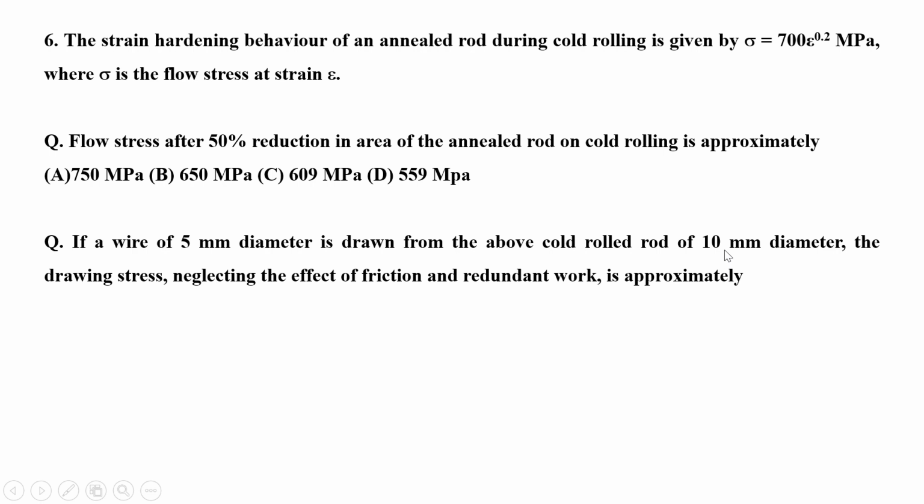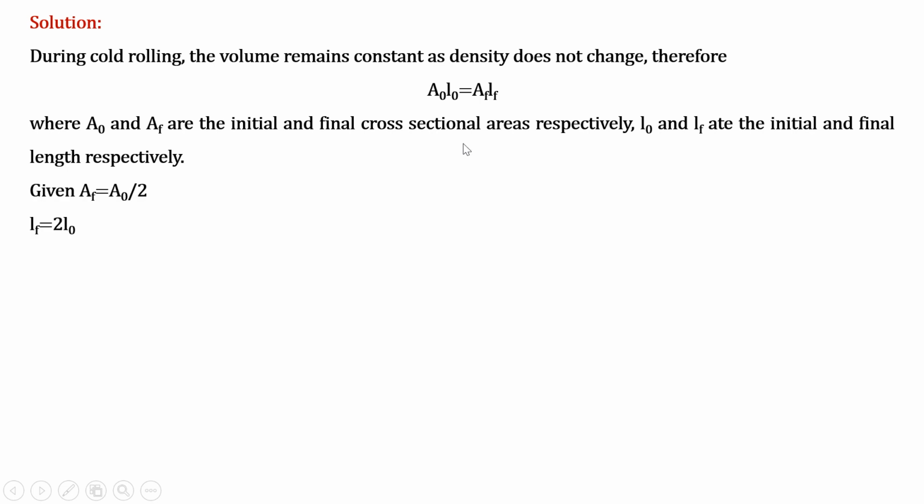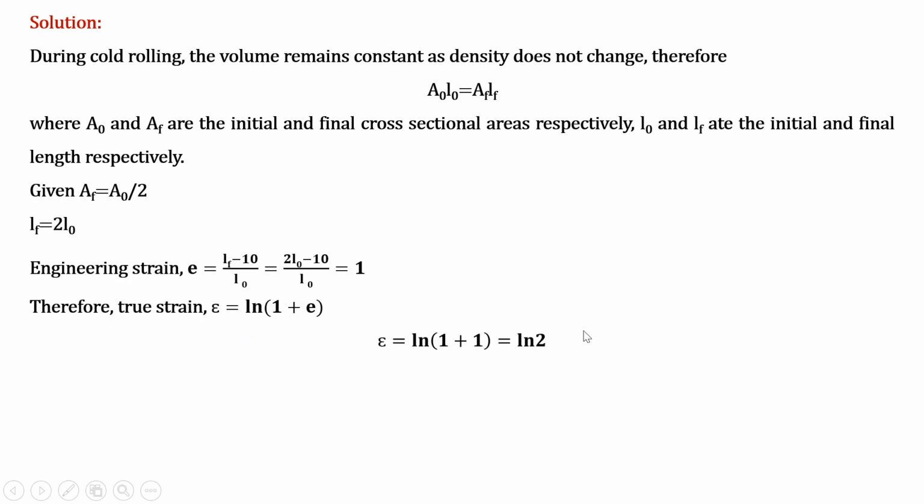So initial diameter was 10, final diameter is 5. If you know these two, you can calculate area 1 and area 2, right? So A0 and AF you have here. A0 you can find from what is given. AF also you can find. So at least till that part, can you calculate and let me know what is the epsilon value that you are getting?